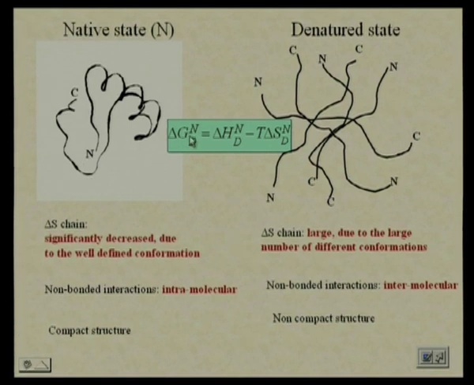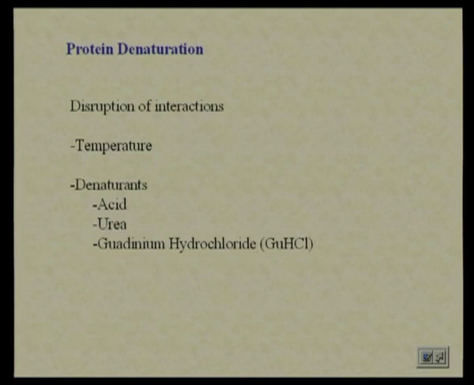All of these contribute to the delta G of the system, the delta G of folding, which is going to be a small but negative quantity, because we are going to have spontaneous folding from the denatured state to the native state.